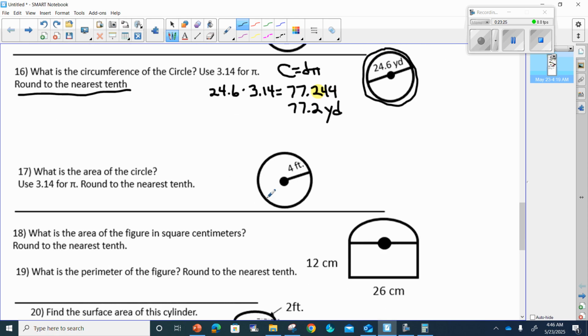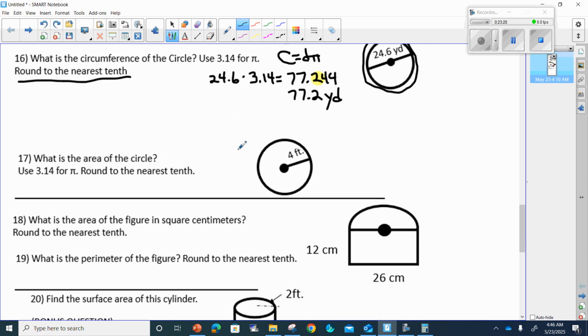Number 17, what is the area of the circle? The area of the circle is found by the formula pi r squared. We said pi was 3.14. We're multiplying it to the radius. The radius is halfway across, and that's 4.